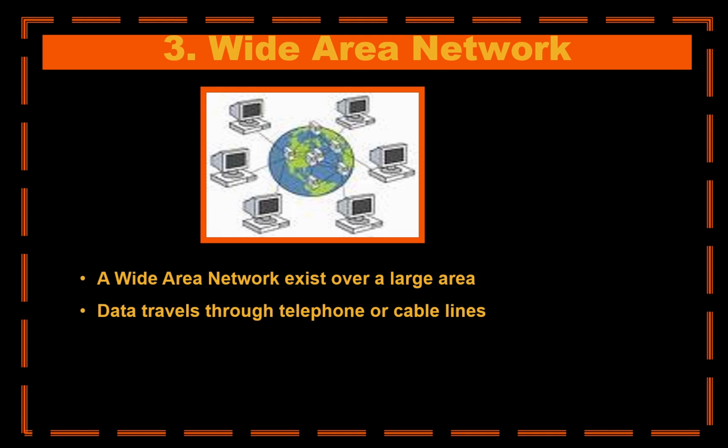The components mainly used in a WAN are the subnet and switching. The subnet consists of transmission lines and switching elements, and switching elements are specialized computers. It selects the proper outgoing line for incoming data and forwards the data, and that device is called a switching element.